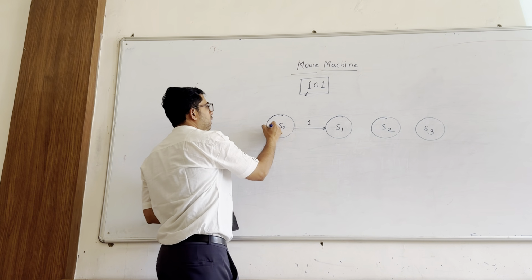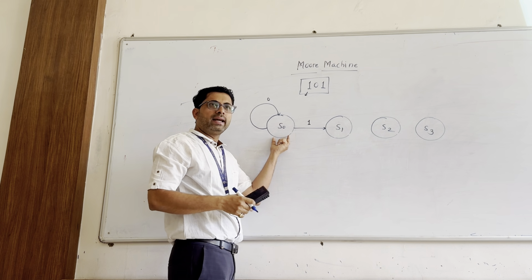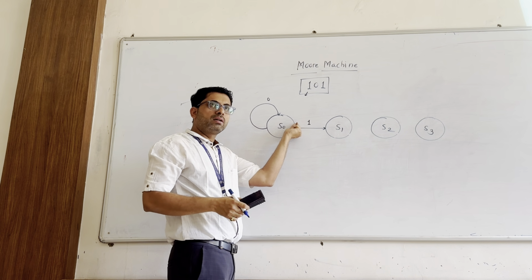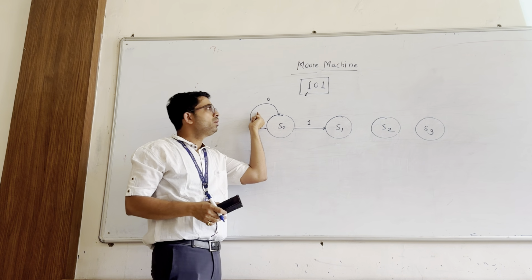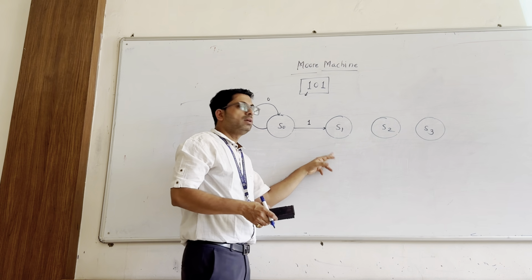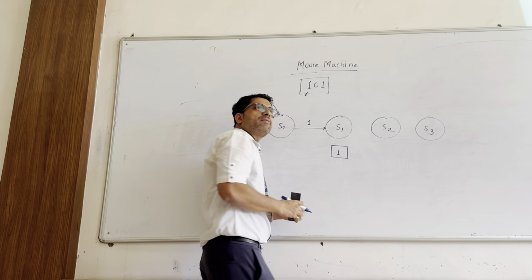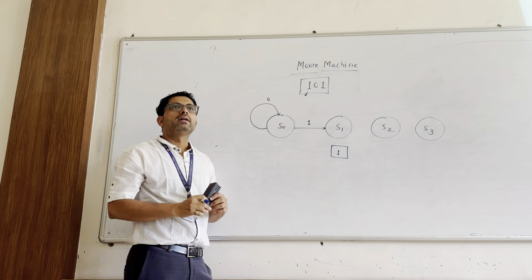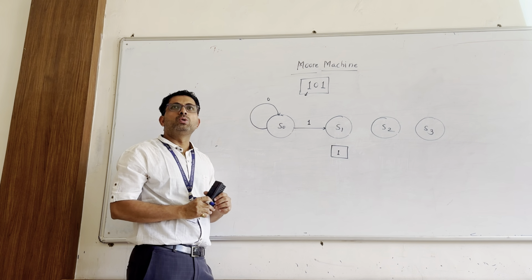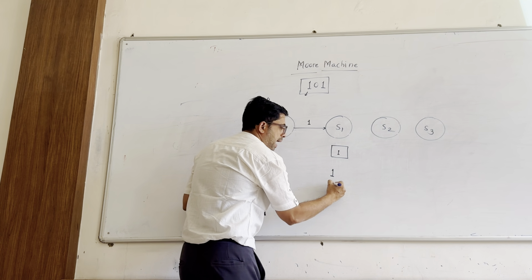Now, from every state two lines go, one for input 1 and another for input 0, which we need to check. Got it? So where are we now? At S1, and at S1 we have detected the sequence that is 1. Yes or no? So what do you need to do for the next connection? You need to write this one as it is.